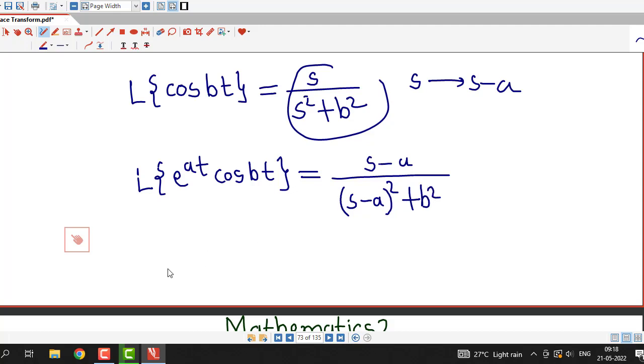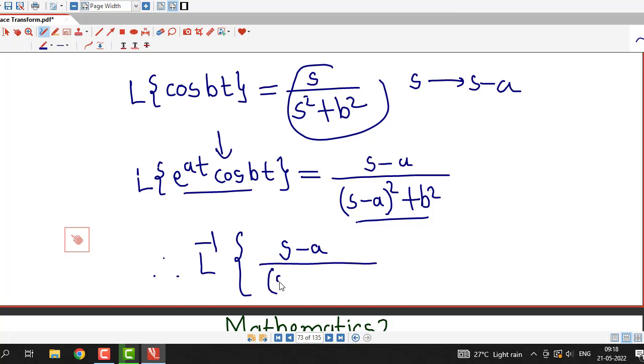And we obtain Laplace transform of e raised to at times cos bt. By the definition of inverse Laplace transform, the inverse Laplace transform of s minus a divided by s minus a square plus b square is equal to e raised to at times cosine bt.